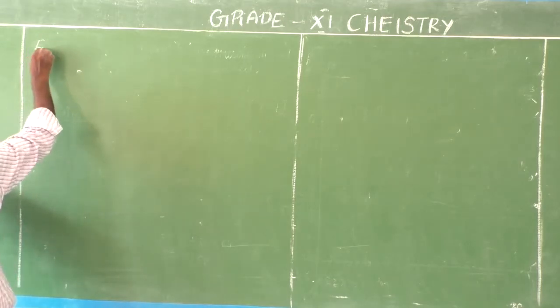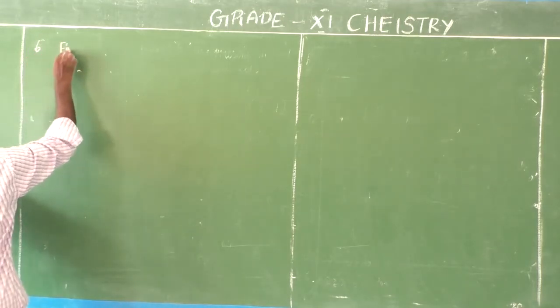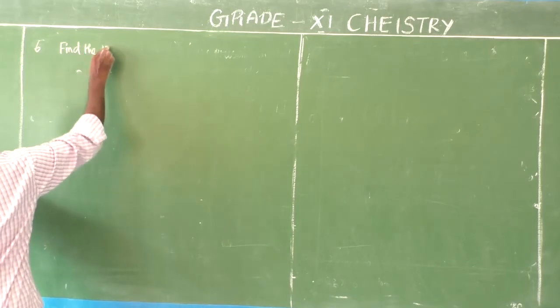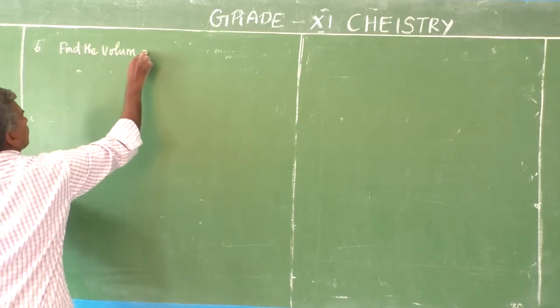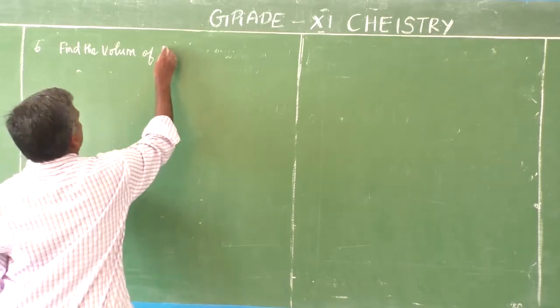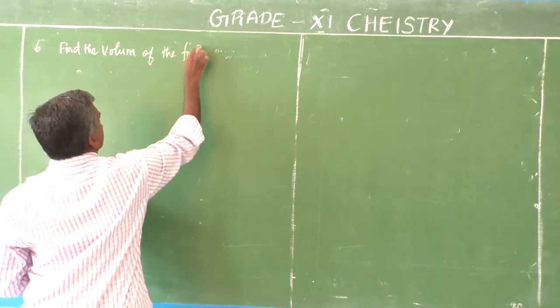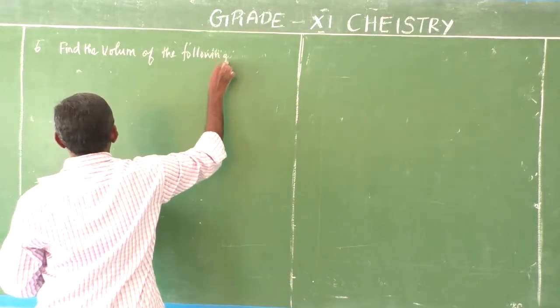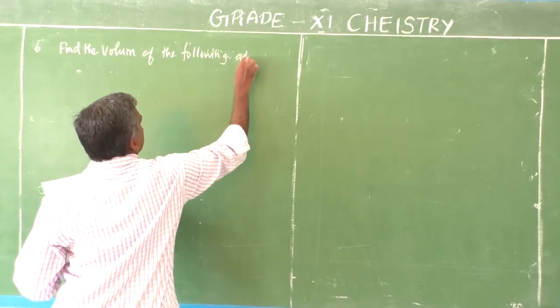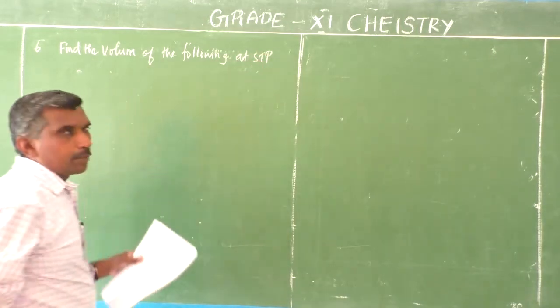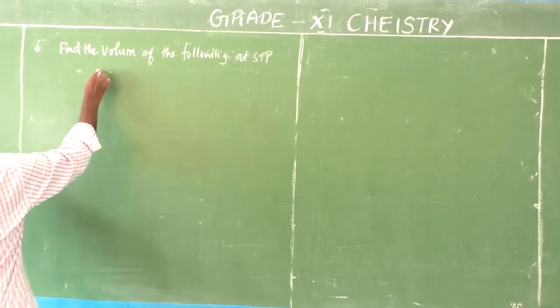Next is the sixth problem. Find the volume of the following at STP, standard temperature and pressure.